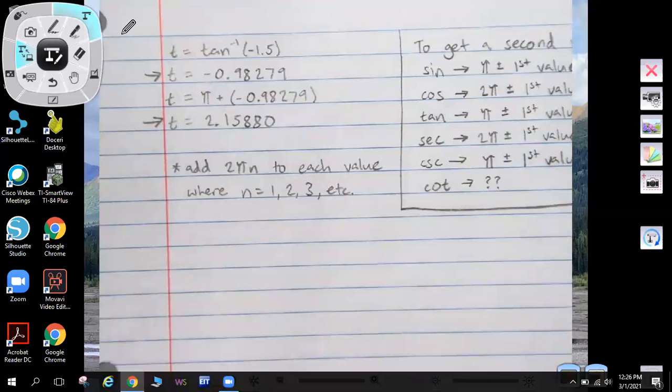But we want to be careful to stay within the interval that it's asking us about, because there's no reason for us to find values outside of that interval. That's going to be of no value to us.